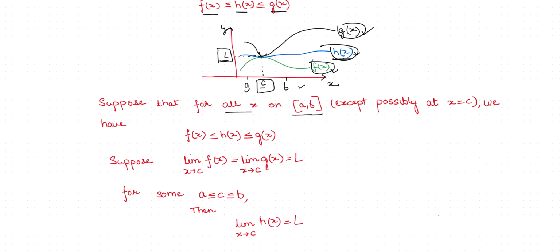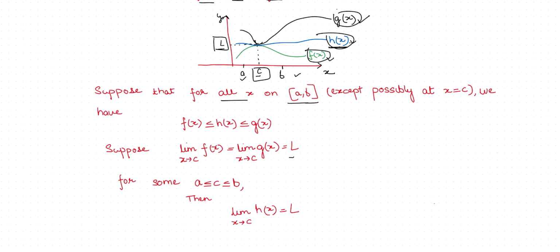So suppose the limit as x approaches C of f of x, and the limit of g of x as x approaches C, is L, then for the value C that lies between A and B, the limit of h of x when x tends to C is also L.